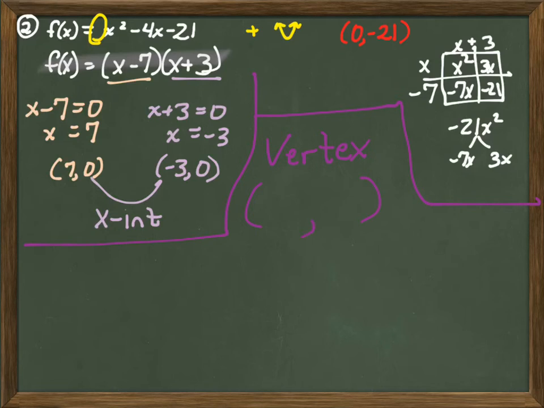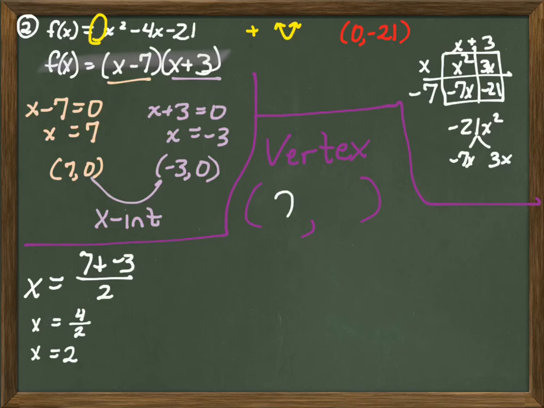So I need to add those together. 7 plus the -3 and divide that by 2. So 7 plus a -3 is going to be a 4, divided by 2 gives me a 2. So the x value of my vertex is 2.